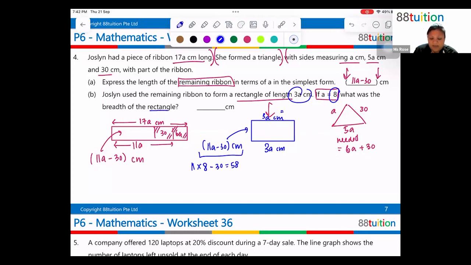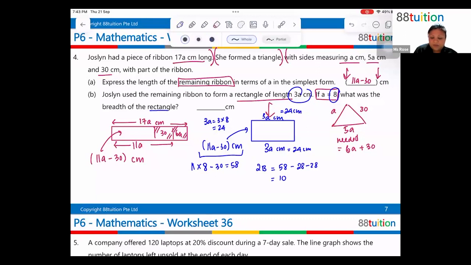So if we have 3A, that means 3A is 24. So that's your 24 cm and 24 cm. So what's left? That means 2 breadth is equal to 58 cm, the total length of ribbon needed, take away the length of the rectangle.